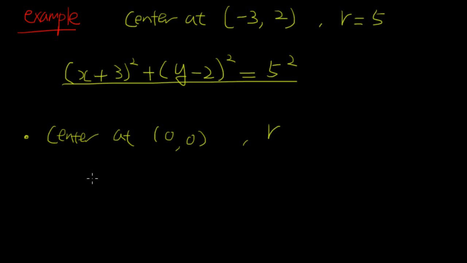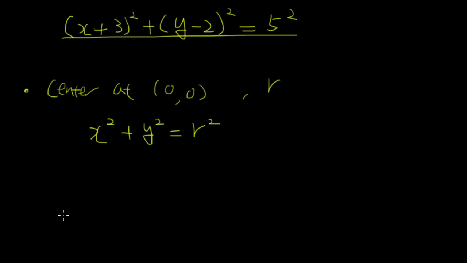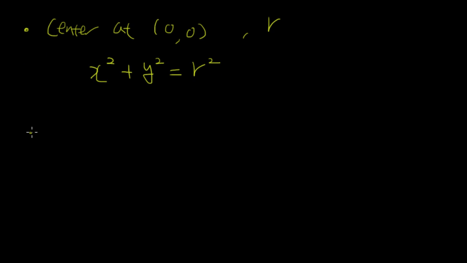Then the equation should look like x minus 0, which is nothing, so it should be just x squared plus y squared equals r squared, right? And just one more thing, unit circle.